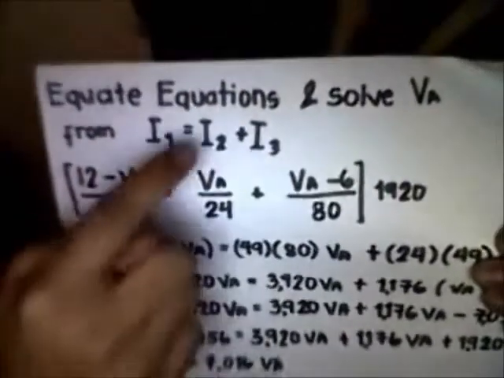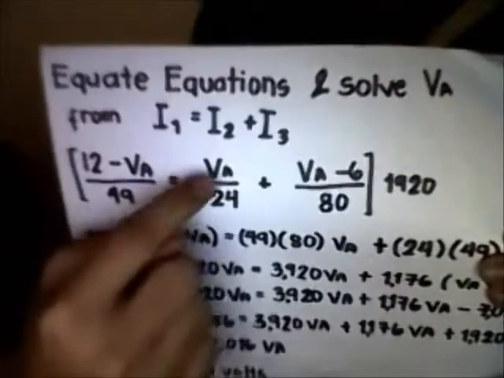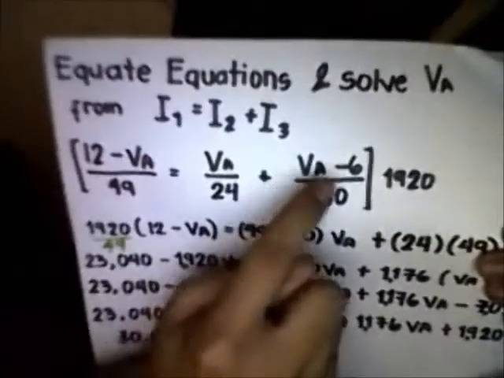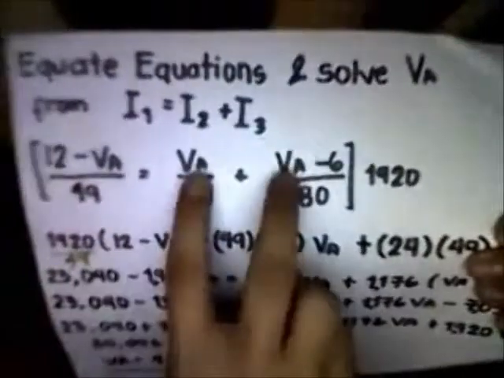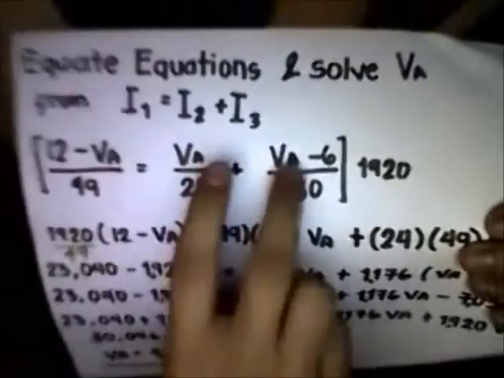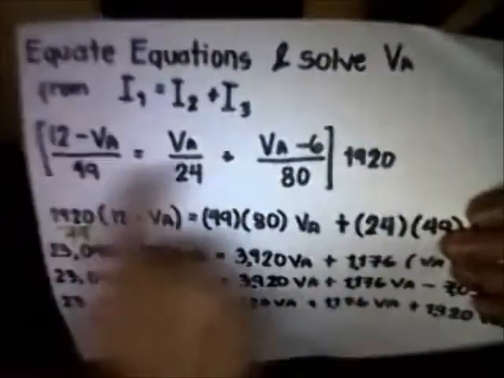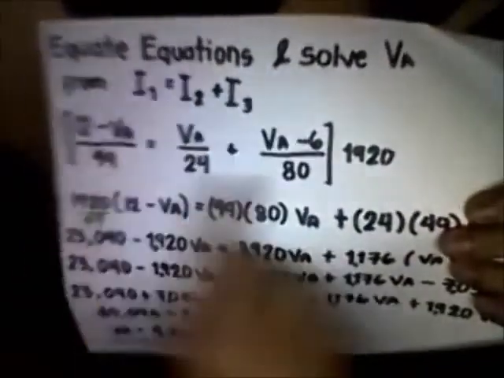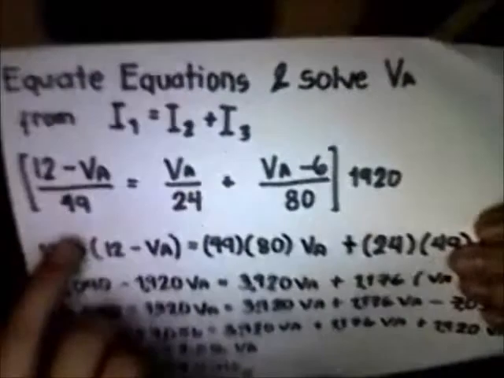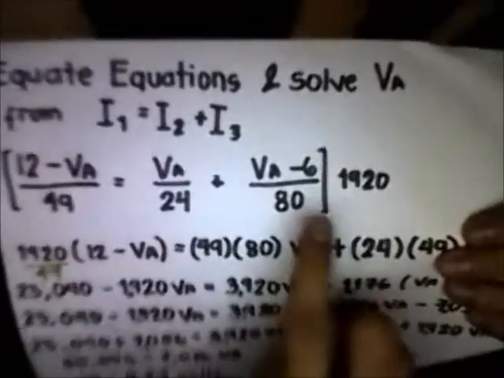That is I1, and I2 is equal to VA over 24, and VA minus 6 over 80 is the value of I3. Since we have equated these three, we first find the LCD of the denominators. The LCD is equal to 1920.